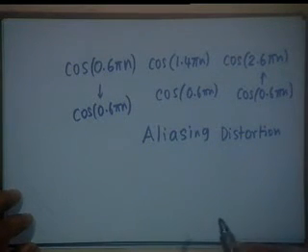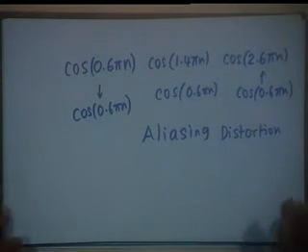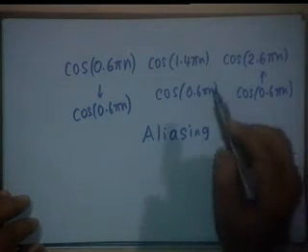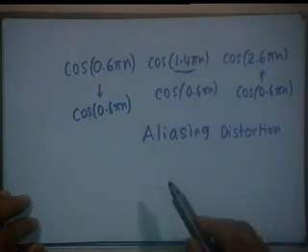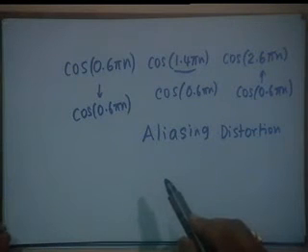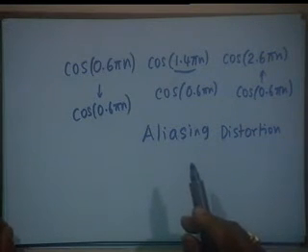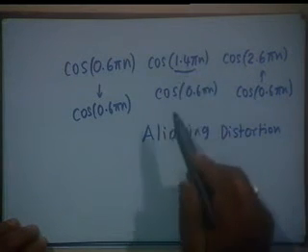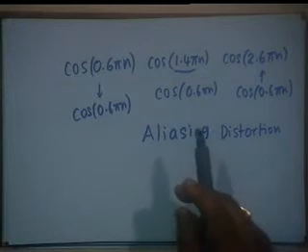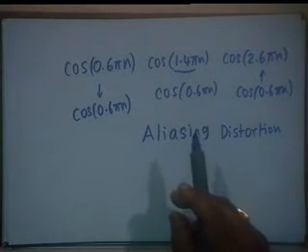Now, the way to contain aliasing distortion is to ensure that this quantity omega 0 is less than or equal to pi. If it exceeds pi, you see this exceeds pi, 1.4 pi. So, you could say 2 pi minus 0.6.